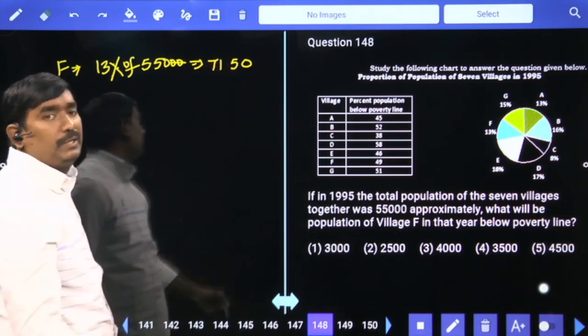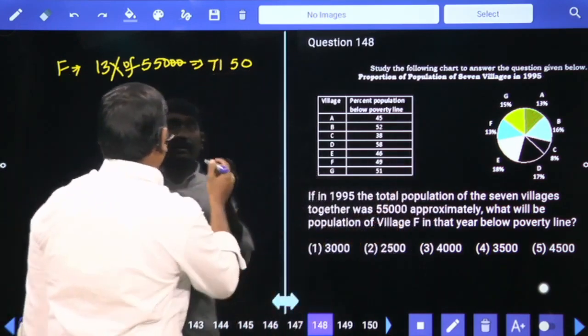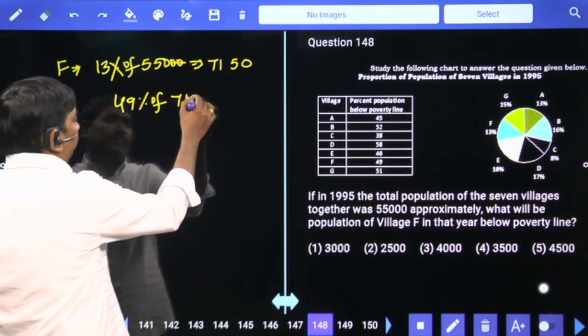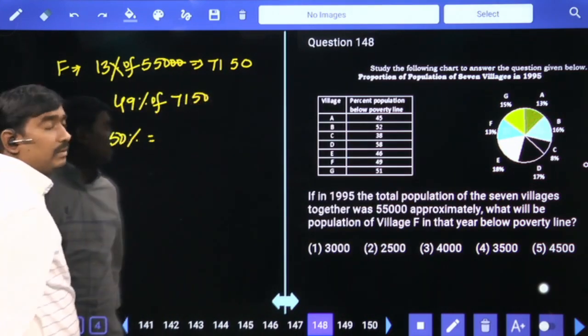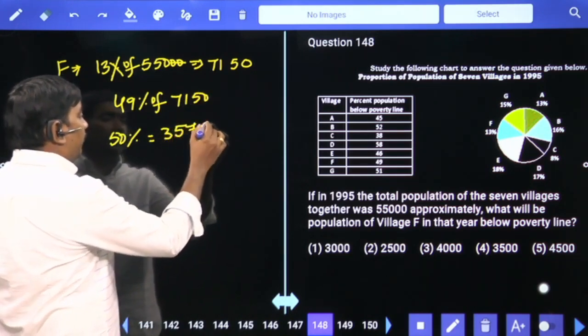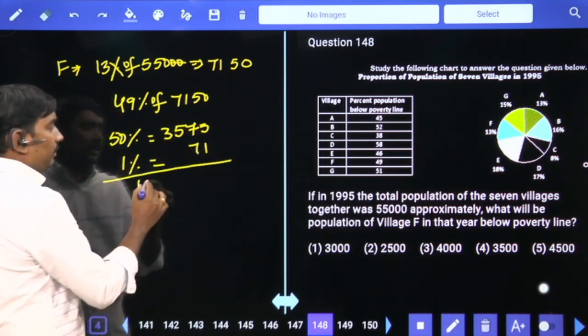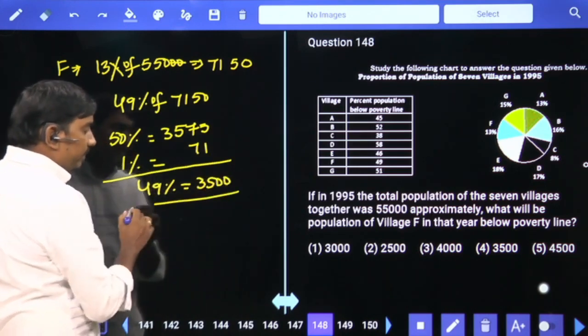That is the total population. But they asked to calculate below poverty line, 49% of 7,150. As 50% value is half, 1% value 71, approximately 3,500 below poverty line.